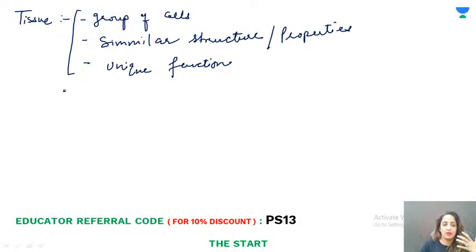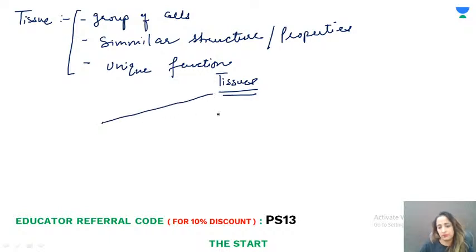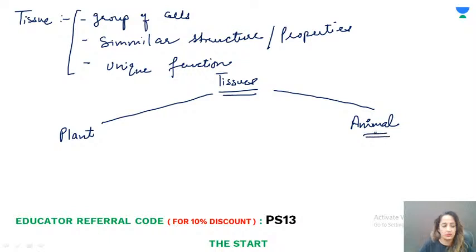So from here I will be talking about what are the different types of tissue present. Okay, so let's write it over here. When we talk about tissues, we generally talk about two categories: plant tissue and animal tissue, right?